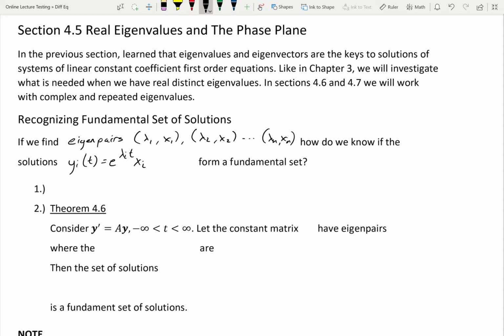Well, one thing that we could do is use the Wronskian to figure that out.